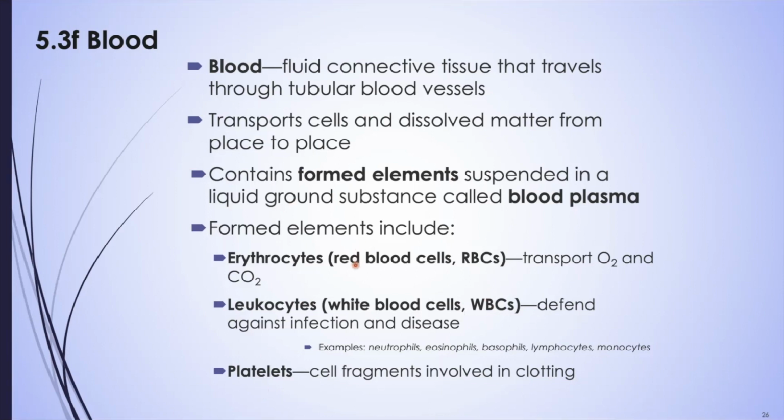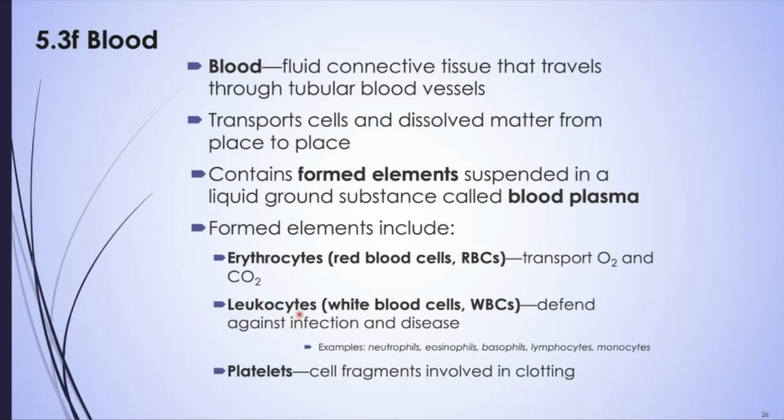So red blood cells get yourself another name now that you're a level up. We're going to call them erythrocytes. Erythrocytes, like I said, have the purpose of transporting oxygen and carbon dioxide. Leukocytes is another name for white blood cells. Please make sure you are familiar with these new names, okay?